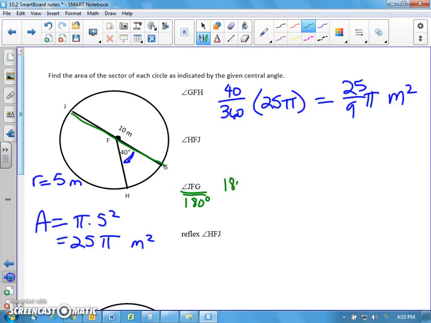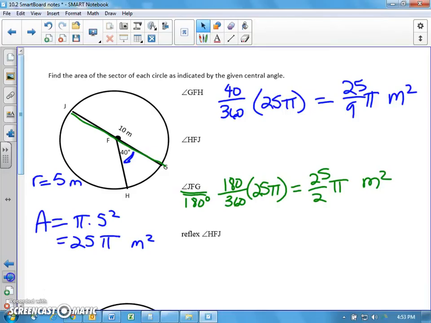So I need 180/360ths of 25 pi. You can also look at it as half of your circle and do half of 25 pi. Either way, you're going to get the same answer, and that's 12.5 pi, or 25/2 if you're going to use the fraction. And again, that would be measured in square meters.